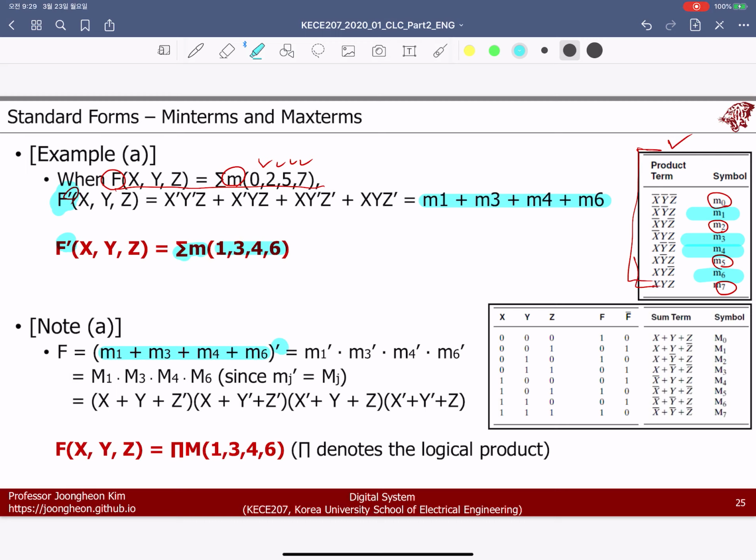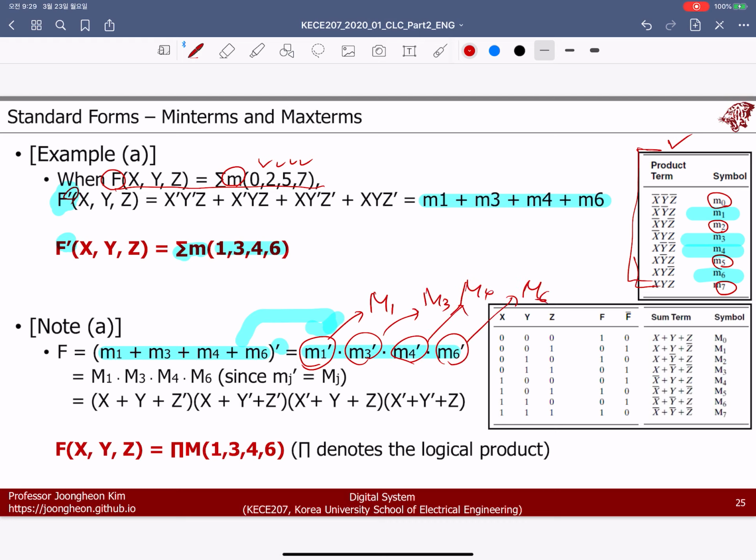When we have the summation of small min terms and then the complement, by De Morgan's theorem we can convert this one to this one. As I told you before, the complement of a min term is the max term. So this becomes capital M sub 1, this becomes M sub 3, this becomes capital M sub 4, this becomes capital M sub 6, and then you have the dot operators, the AND operators. Finally you have this one.